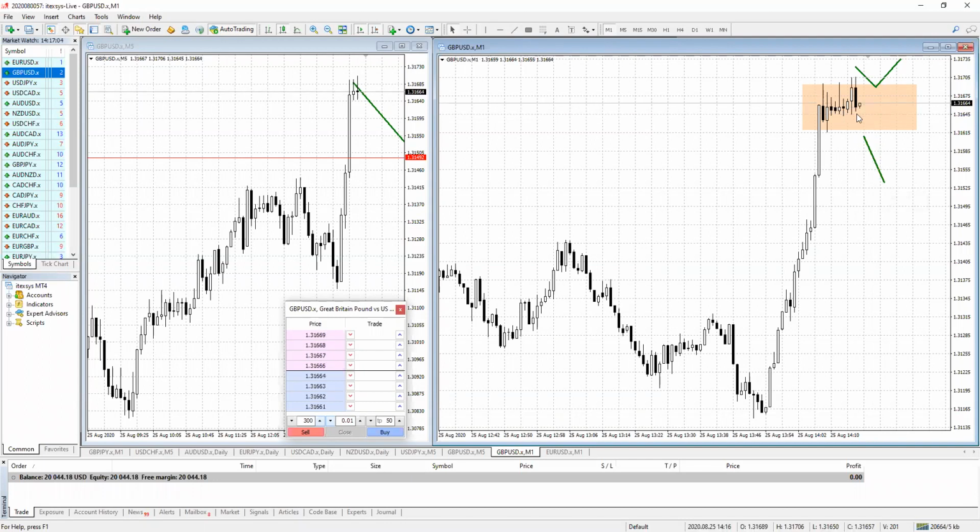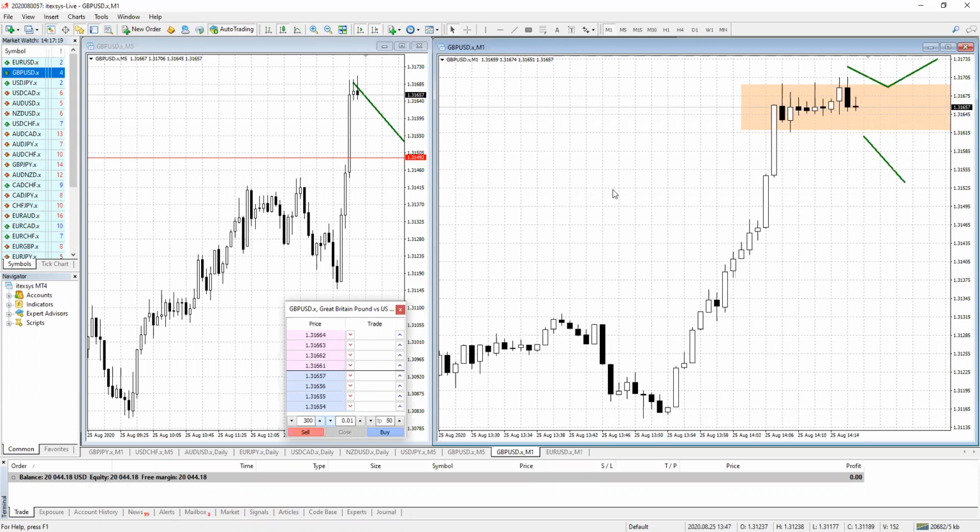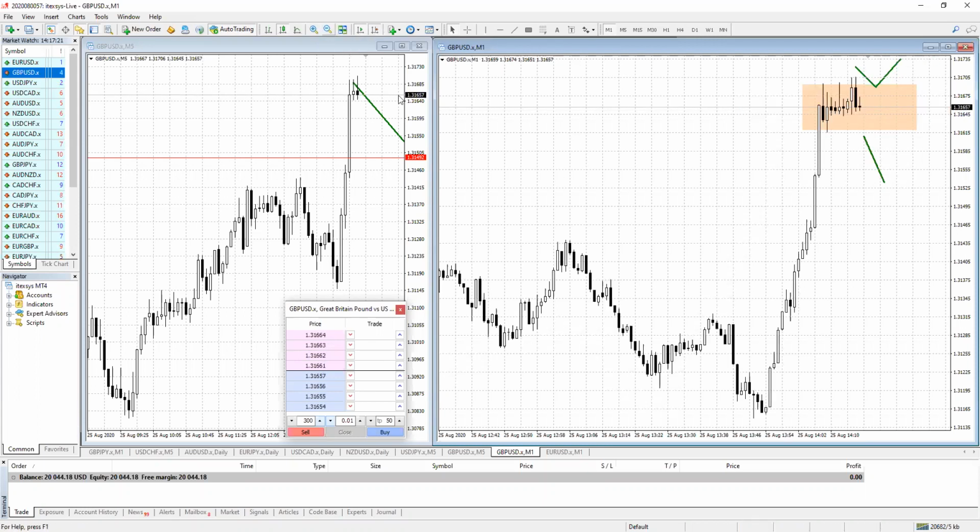So we could try to buy the bottom part and then exit the top side for a little scalp, maybe 3-4 pips. Let me see how price behaves. I might take the trade.